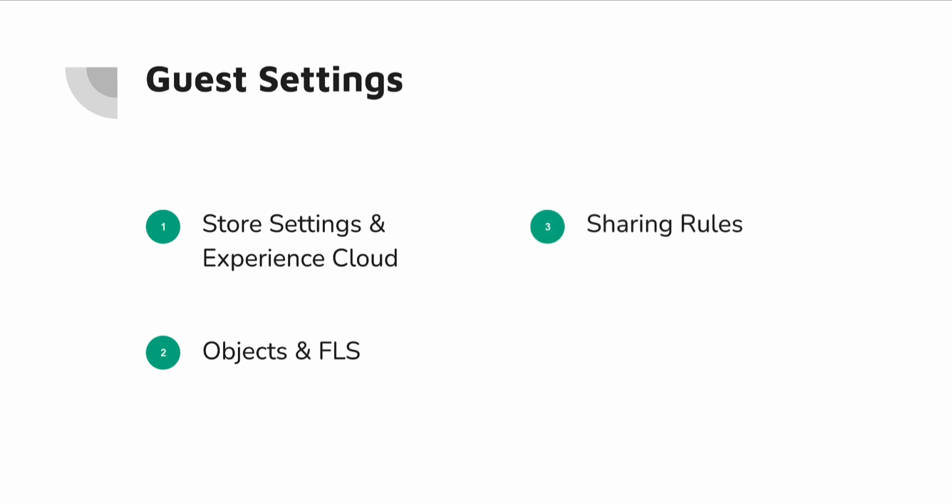Third, we're going to have to set up some sharing rules to be able to share with our guest users and enable them to see the catalog and other objects. And fourth, we need to enable a couple of very specific things in checkout to enable your guest user to successfully proceed through that. So with that being set, let's go forward and actually get this configured.